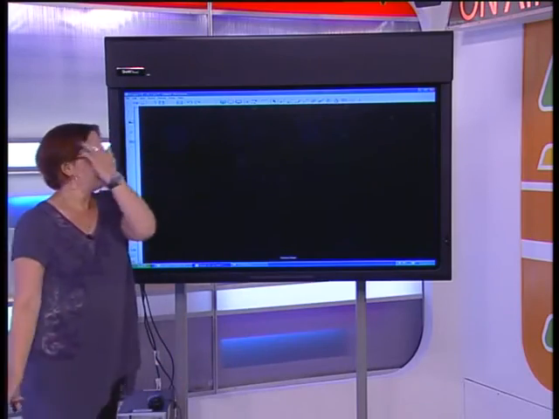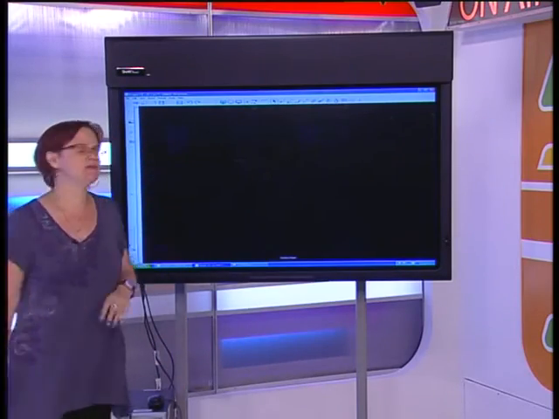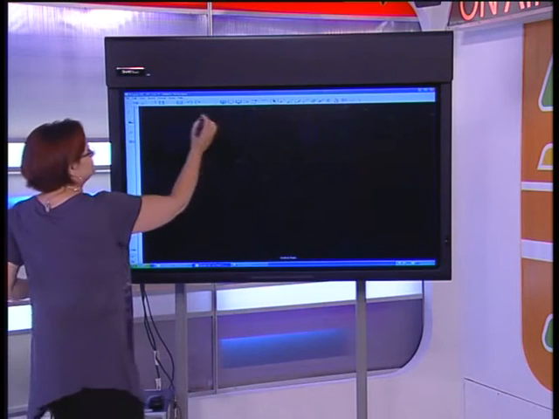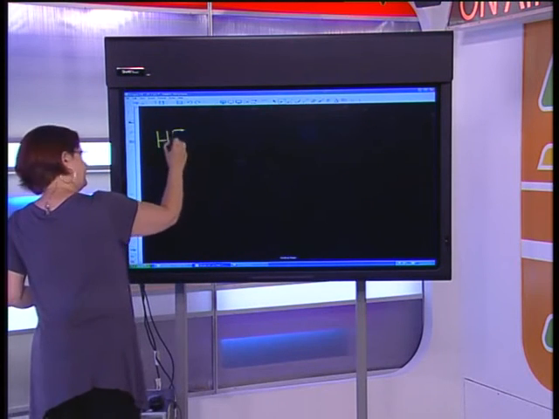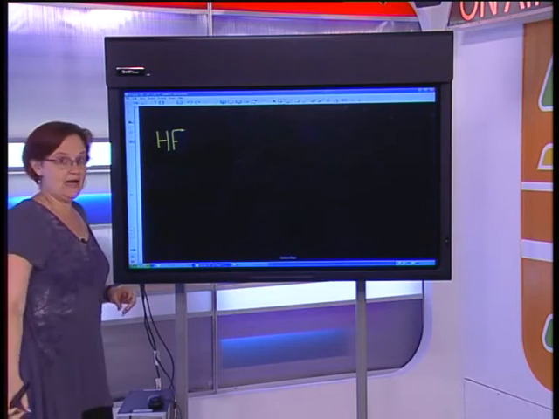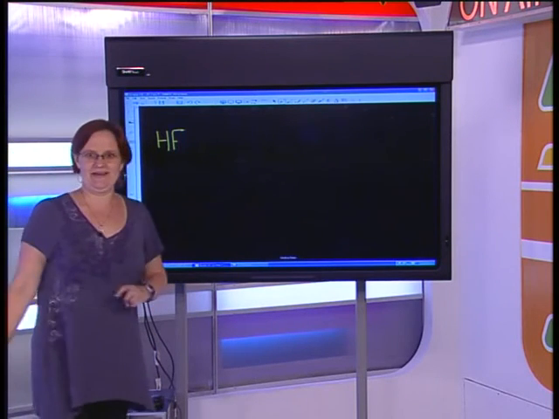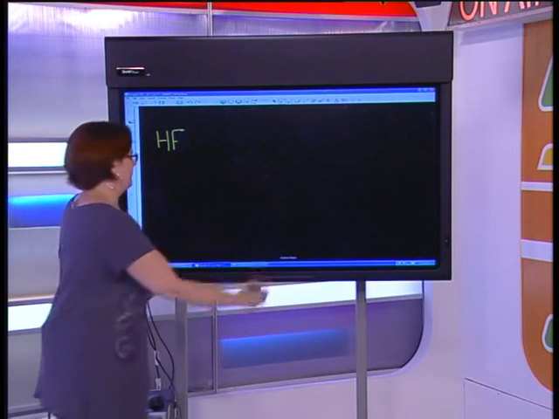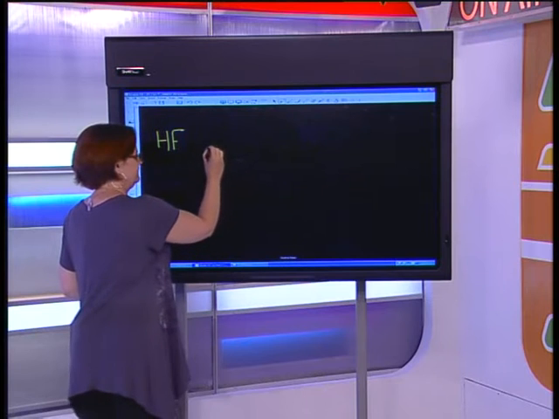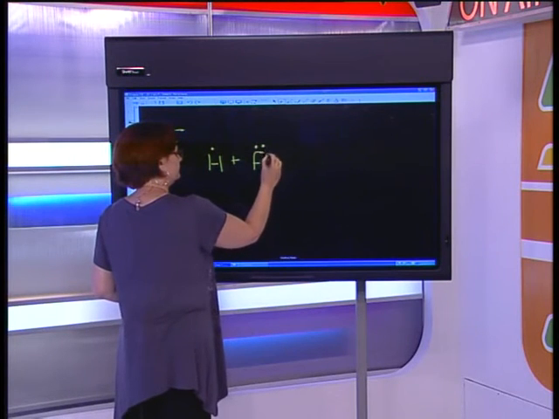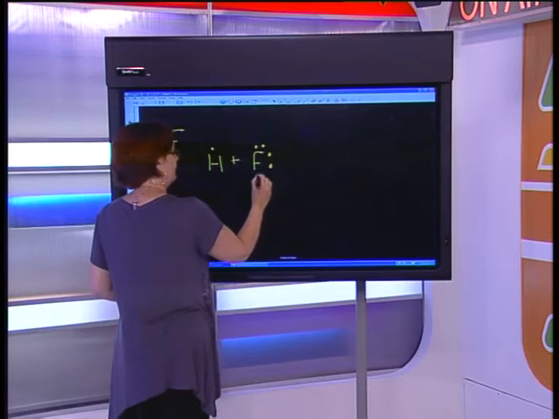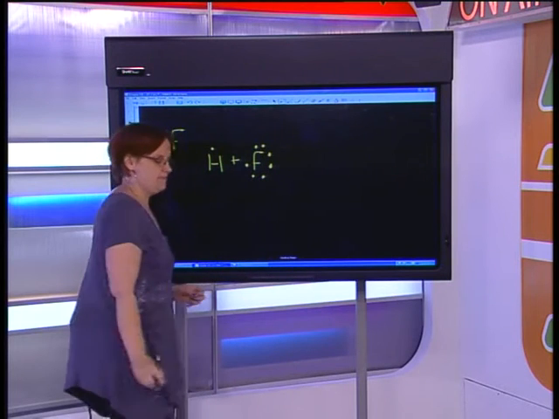If we look at something simple, let's look at HF, hydrogen fluoride. Now, hydrogen fluoride is a strange little creature, because we have our hydrogen and our fluorine, and fluorine sits in group 7.